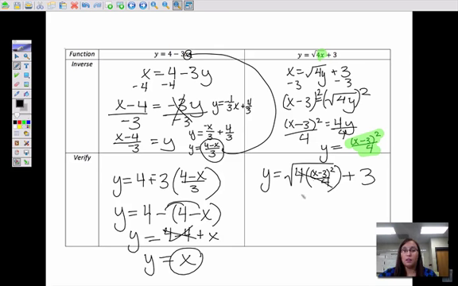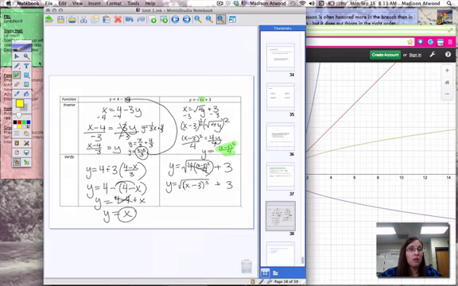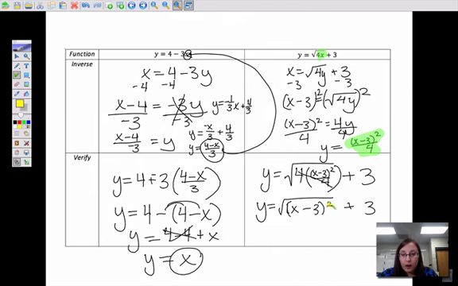And those 4's cancel, so I'll get y equals the square root of x minus 3 squared plus 3. And remember, when that square and square root are opposites, they're going to cancel. So we'll have y equals x minus 3 plus 3. Those cancel, and I get y equals x.